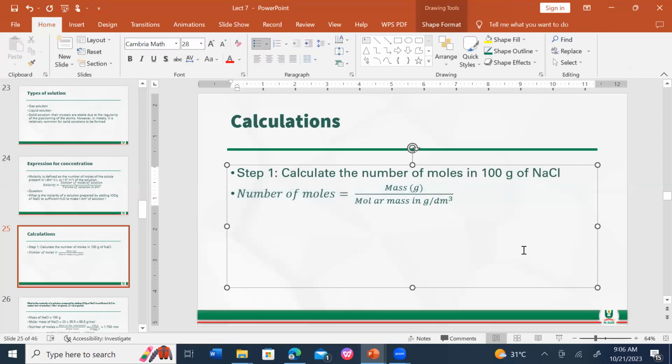That's the unit. So you now begin to look at the mass. The mass given there is 100 grams. So what is the molar mass?